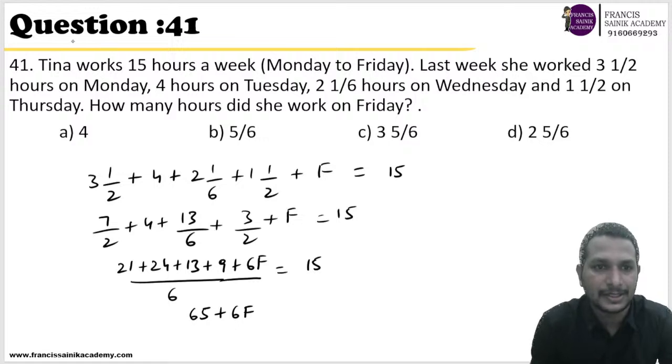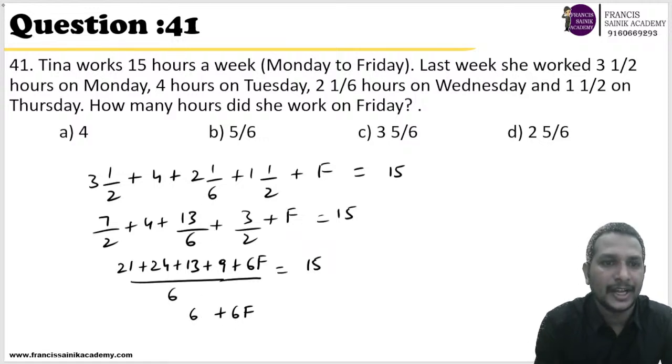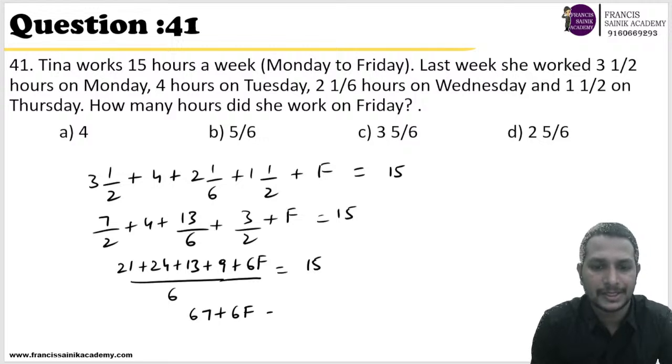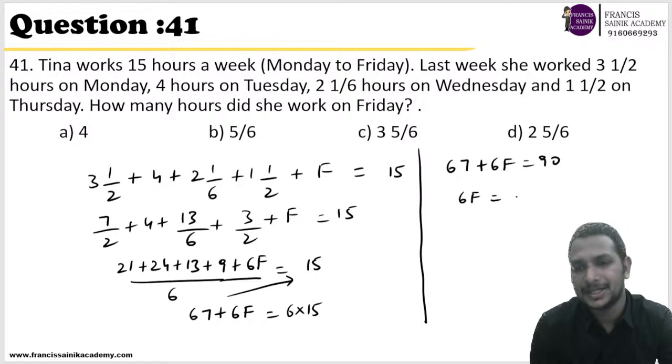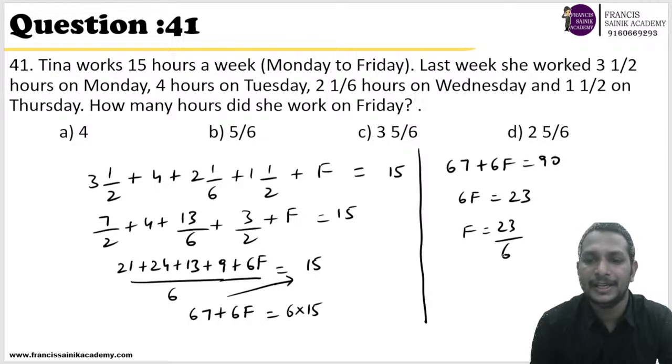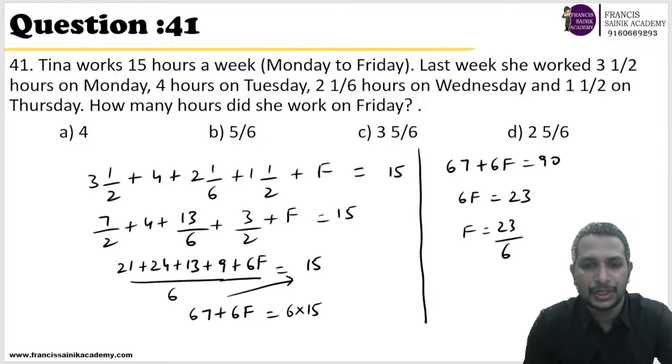After adding all the values, we got 67 plus 6f equals 90. 6f is how much? 90 minus 67, which is 23. F equals 23/6.